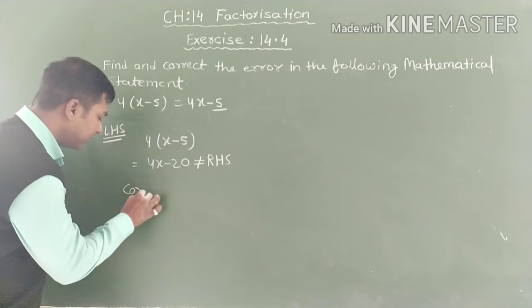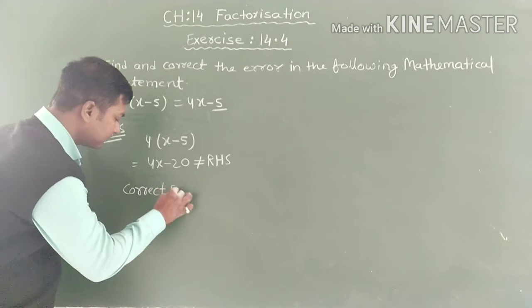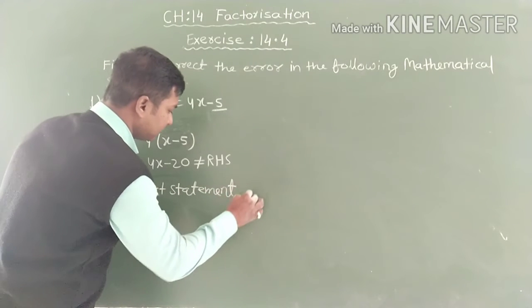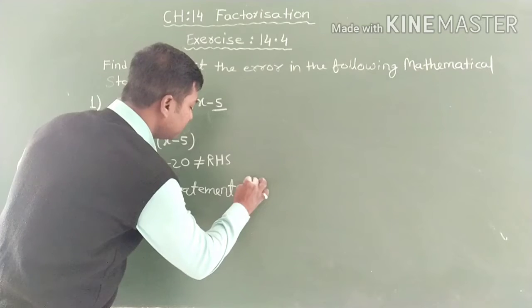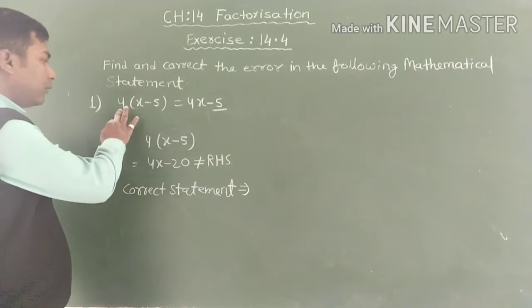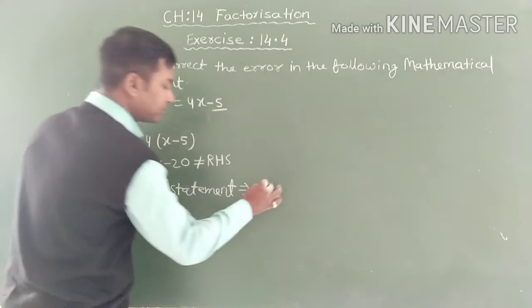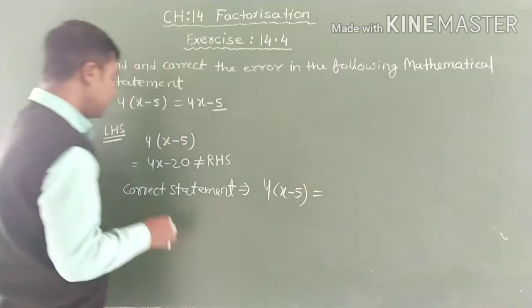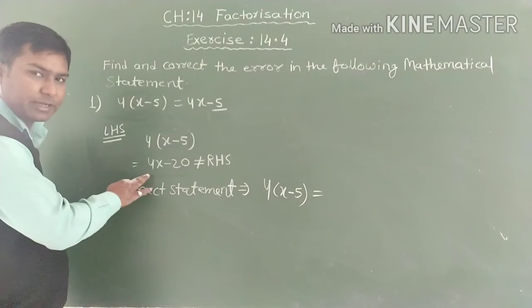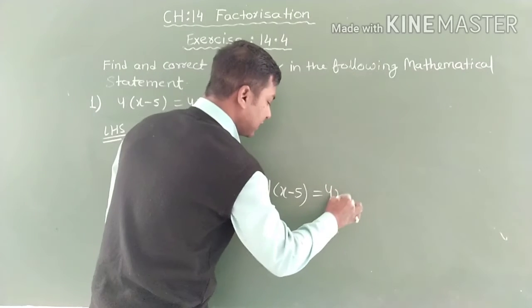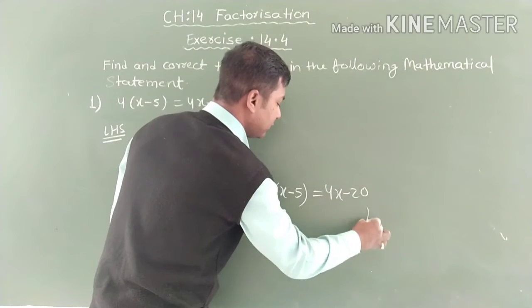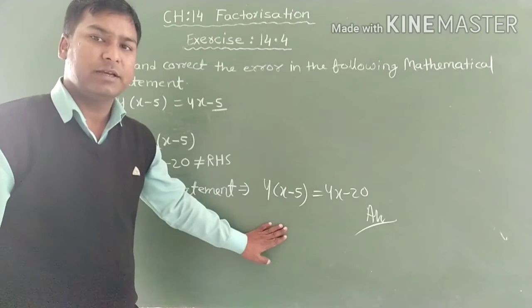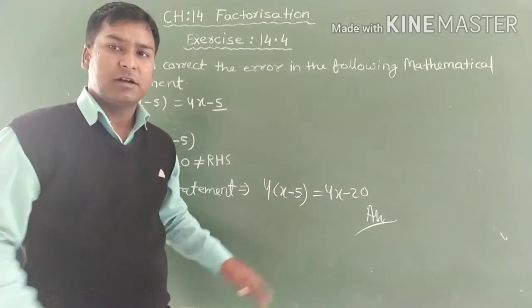So the correct statement will be 4x minus 5, this is the LHS part, equals 4x minus 20. So this is the correct statement and this is the answer. Okay, is it clear to everyone? Now next question.